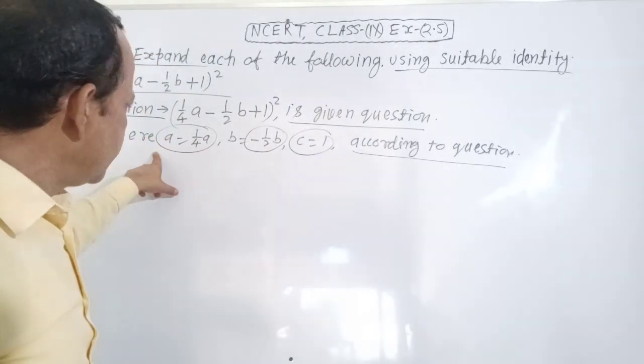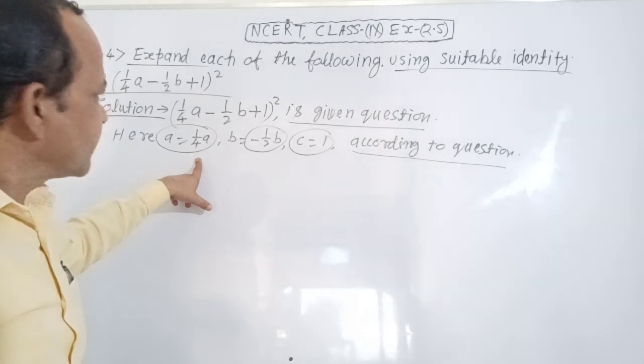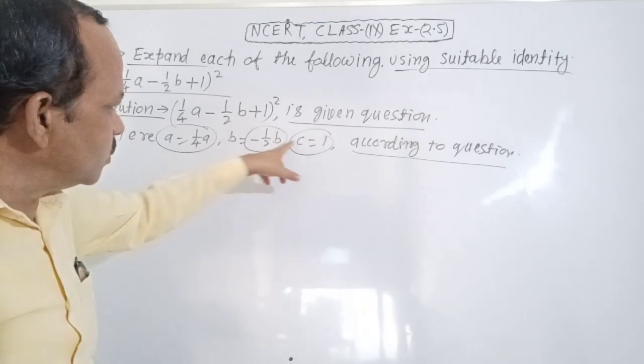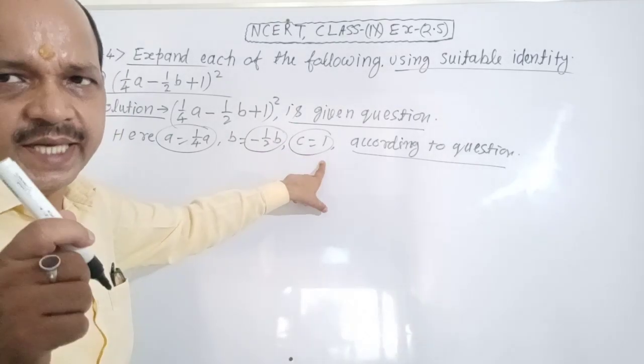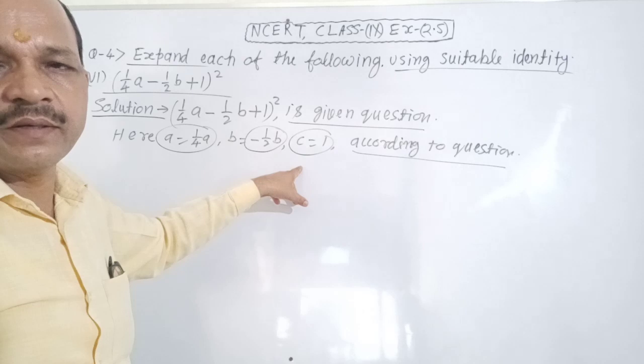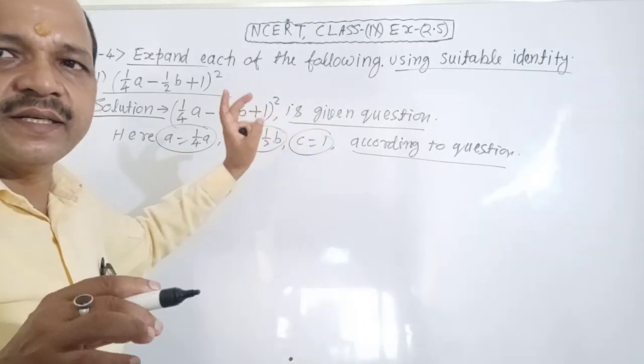The value of a is 1/4a, the value of b is minus 1/2b, the value of c is 1. Put the value of a, b and c in the suitable identity.